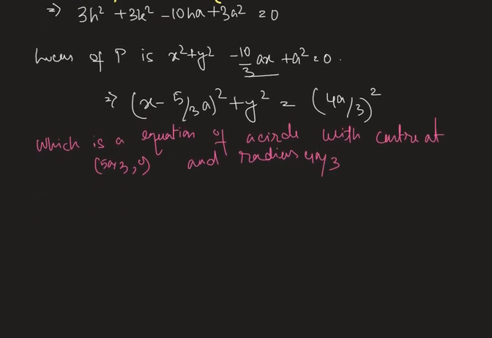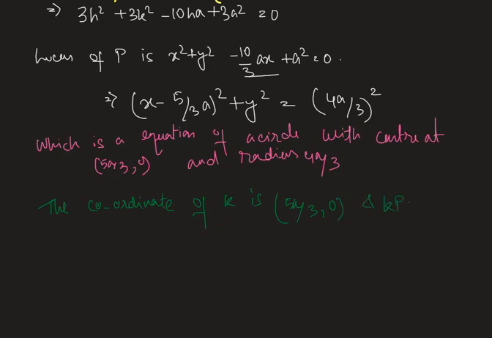Now the coordinates of K are 5a by 3 comma 0.